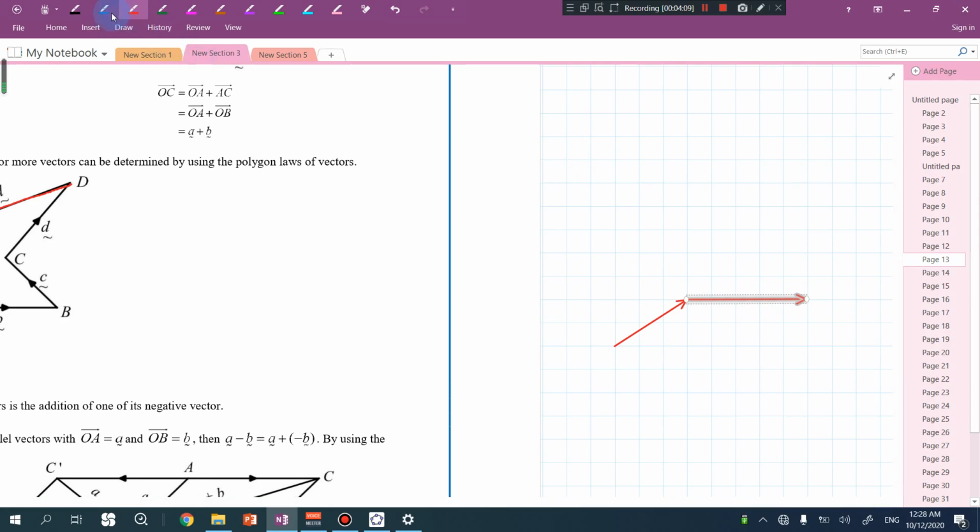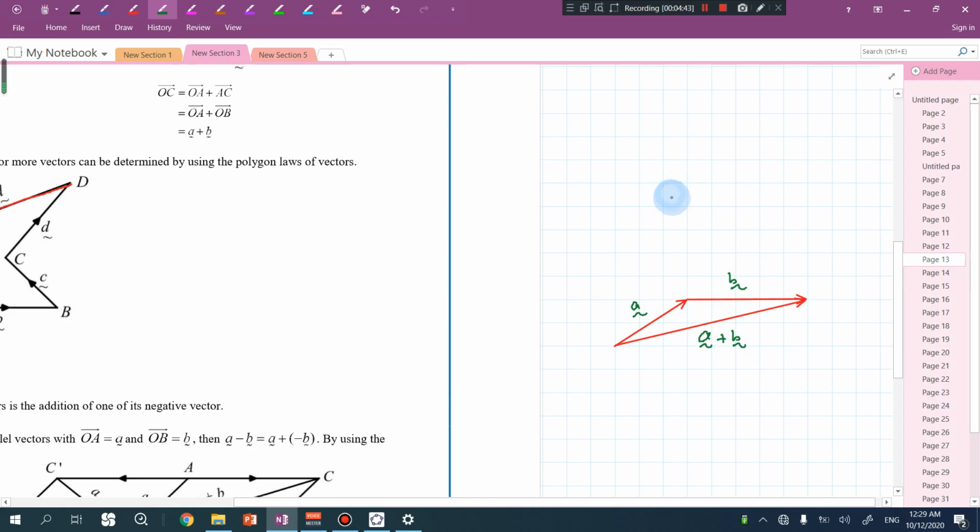Let me label first. This is vector A and this is vector B, so A plus B will be over here. Any problem with this? A plus B, this is what we did just now. This is the resultant vector of A and B.